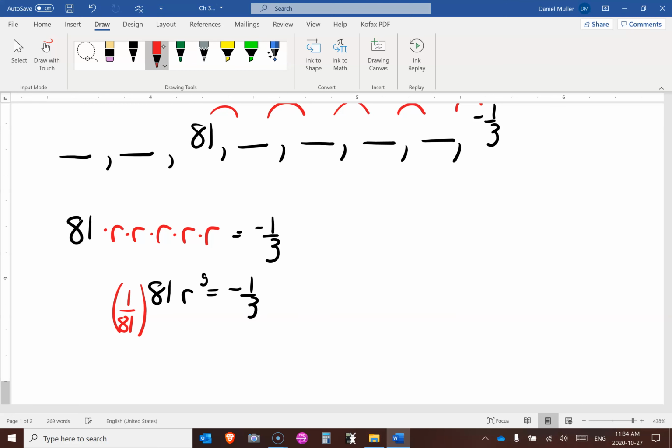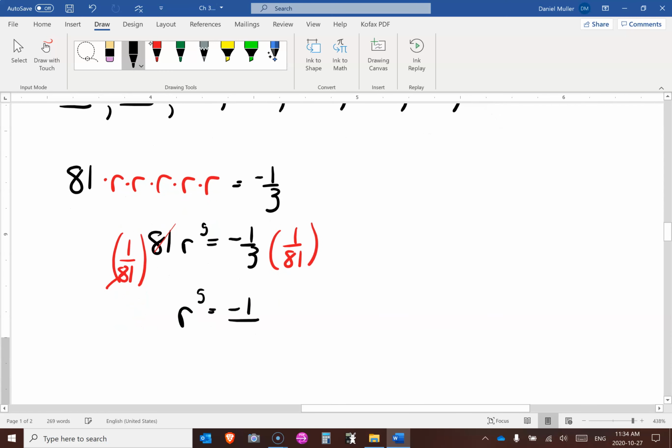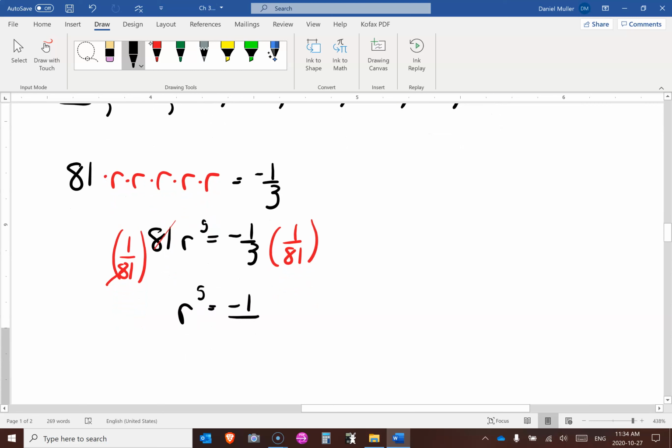Either way, the 81 is on the denominator, so that'll just cancel with that, but I'll do that to this side too. 1 over 81. So R to the 5 is equal to negative 1 times 1, which is negative 1, and then 81 times 3 is 243. And then I need to do a fifth root onto both sides.